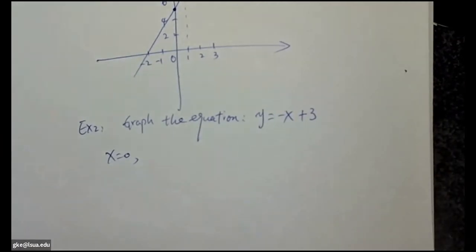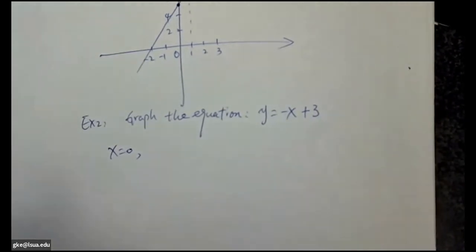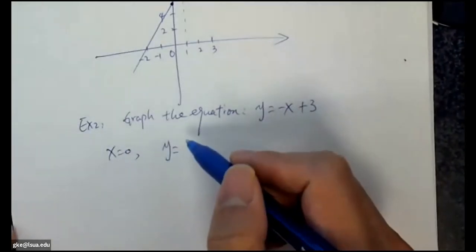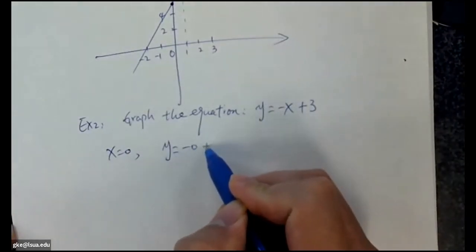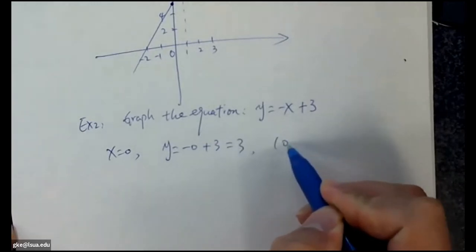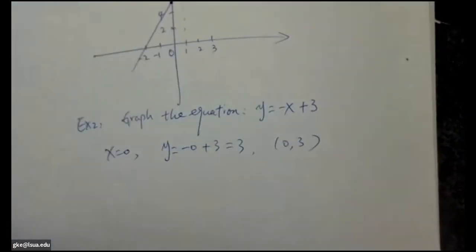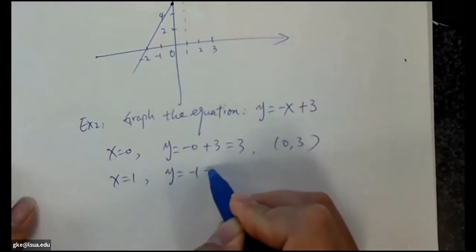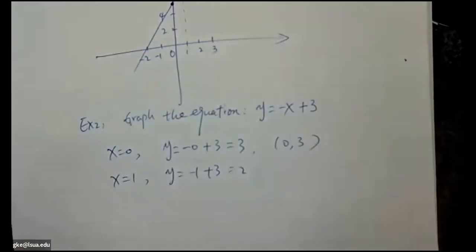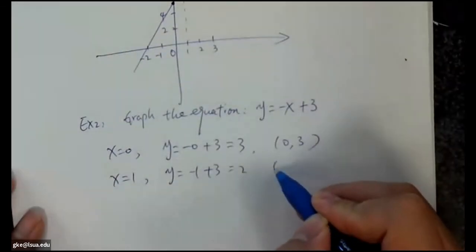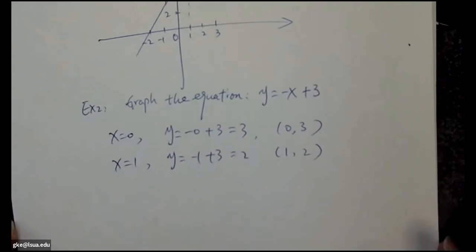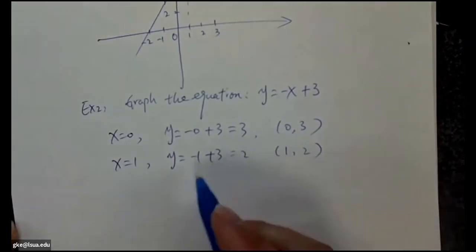If you want, you can pick 0.5, 1.1, whatever you want. Just pick a value and calculate the y value, plug in, and you get the first point, right? And pick another value, and you get another point. So it will be 1, 2, right? You got 2 points, then you can connect these 2 points.